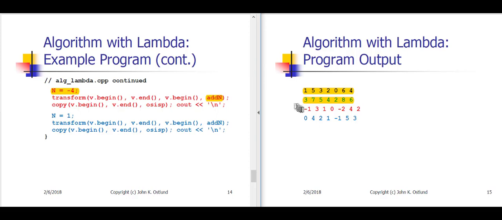And so now when I see my output from the red copy algorithm, sure enough, 3 minus 4 is minus 1, 7 minus 4 is 3, 5 minus 4 is 1, etc.